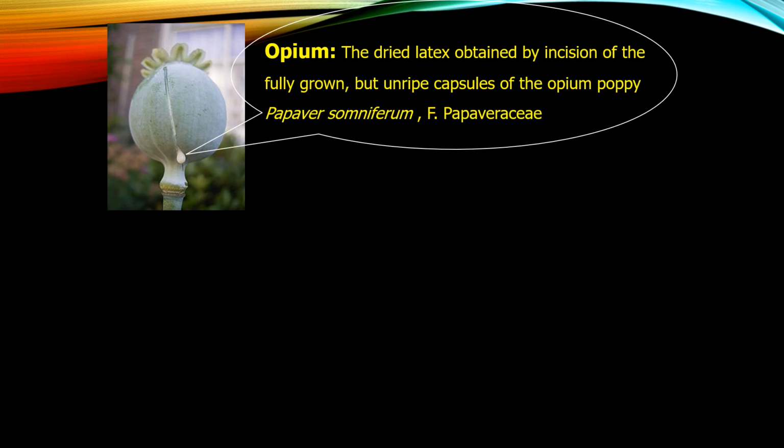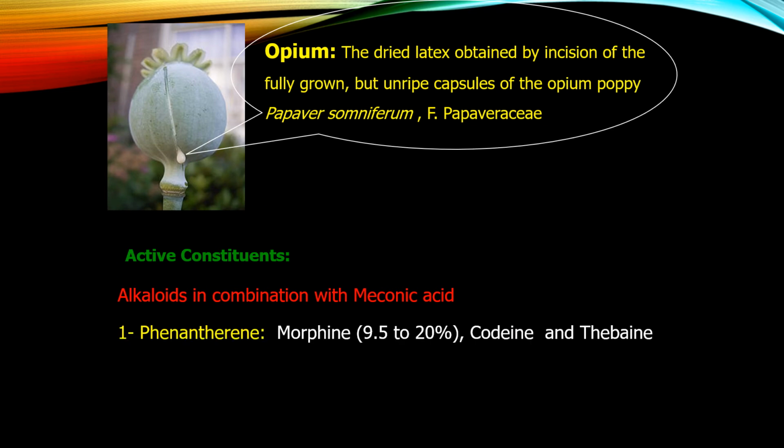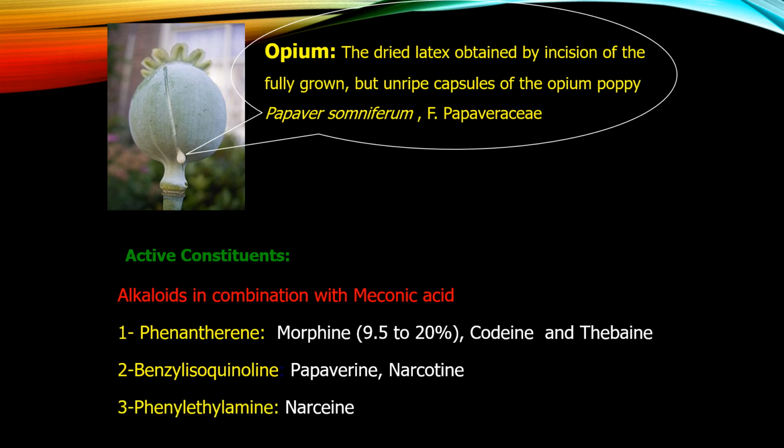The opium resin, obtained after incision of the papaver fruit, is the dried latex obtained by incision of the fully grown unripe capsules of opium poppy, or Papaver somniferum, family Papaveraceae, also containing alkaloids and meconic acid: phenanthrene alkaloids such as morphine, codeine, and thebaine, benzylisoquinoline alkaloids such as papaverine and narcotine, and phenylethylamine alkaloids.